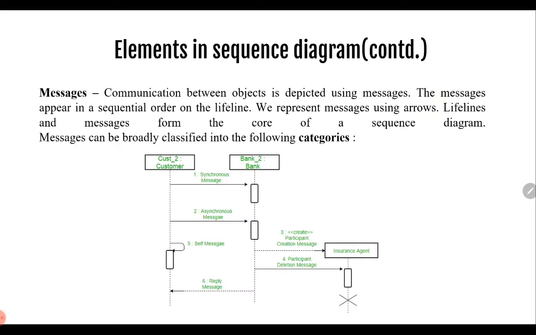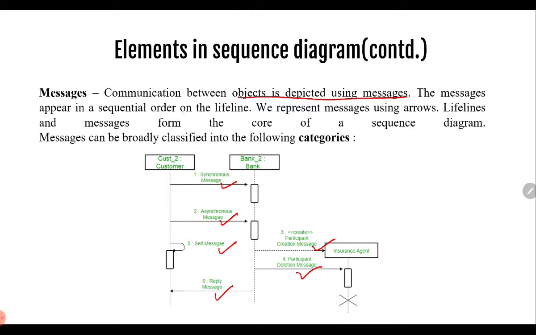The next important element in a sequence diagram is the message. Communication between objects is depicted using these messages. These are primarily the different types of messages: synchronous, asynchronous, self message, reply message, participant creation messages, and participant deletion messages. All these types of messages are used while establishing communication between various objects.